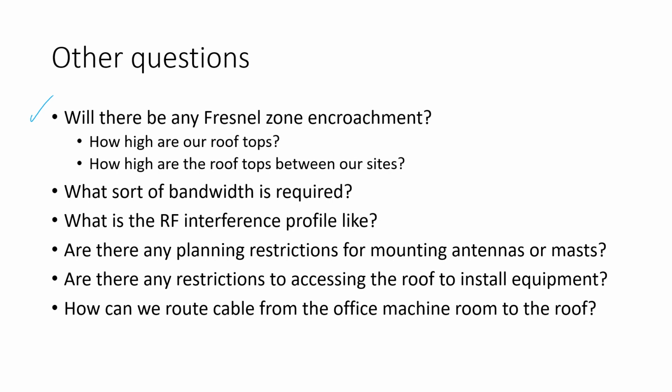If you're deploying antennas on high rooftops in Manhattan, even though you might have line of sight, there's a very good chance there'll be other very high rooftops around. So you'd need to do a survey, have a quick look around, and get an estimate of the heights of the other rooftops to see how the Fresnel zone might affect the performance of the system, because it can be significant.